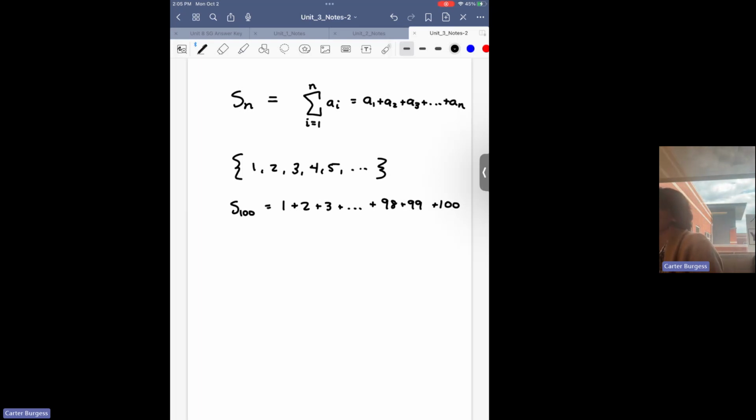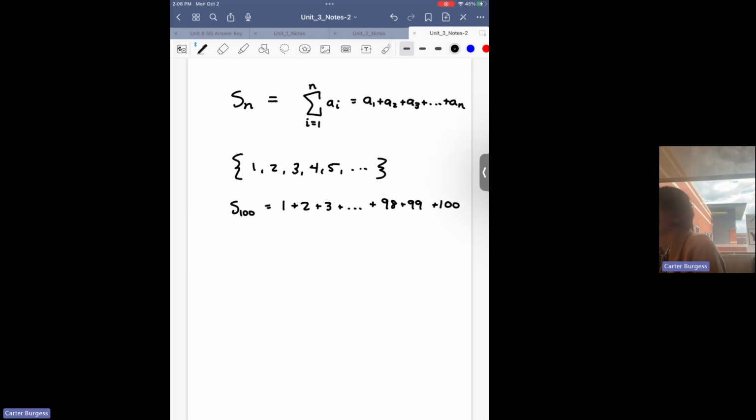Is there a way that I could be very, very particular, very, very clever with my addition to make this problem a lot easier, maybe not easier, but a lot less grueling than just adding 100 numbers together and seeing what I get? Could we be clever with our addition here?